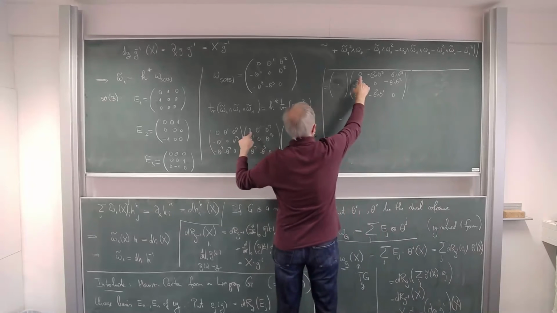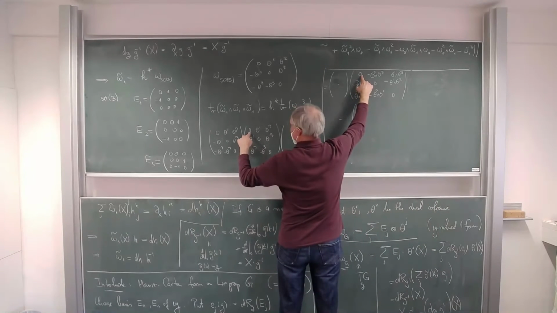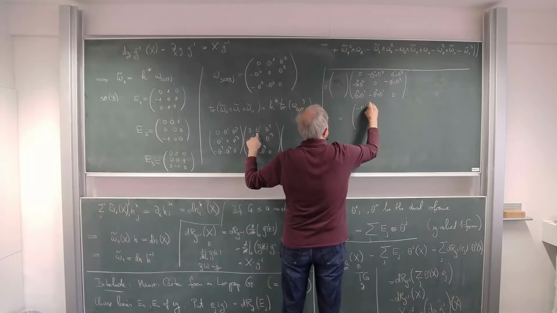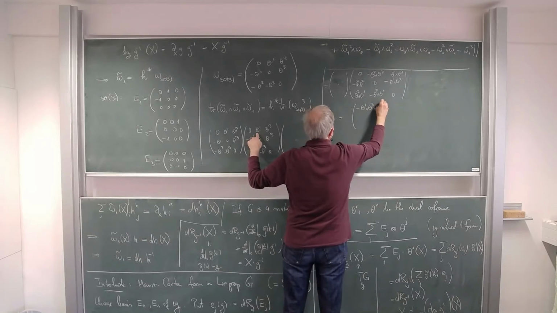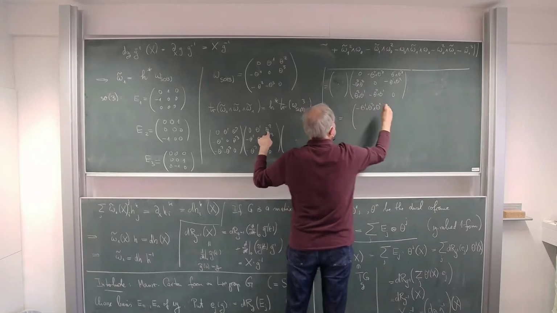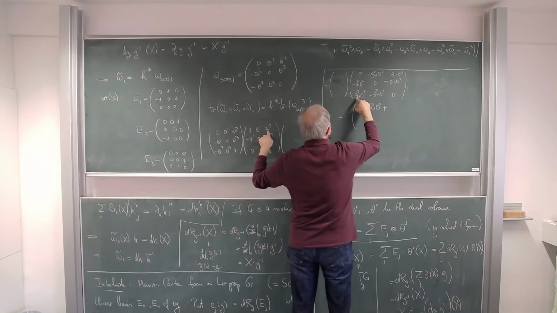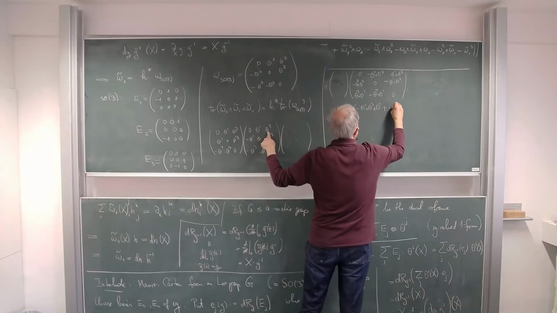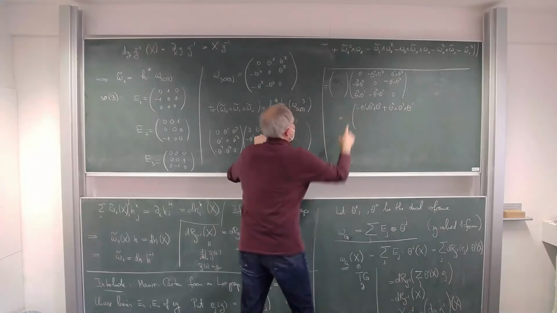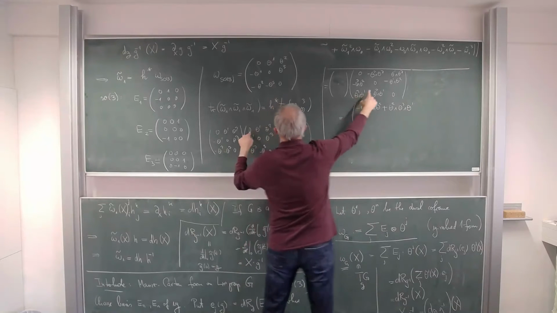So then I can proceed as I wanted. 0, then I have minus theta 1, theta 3, 2, this term, and plus theta 2, theta 3, theta 1. And that's what we have here.